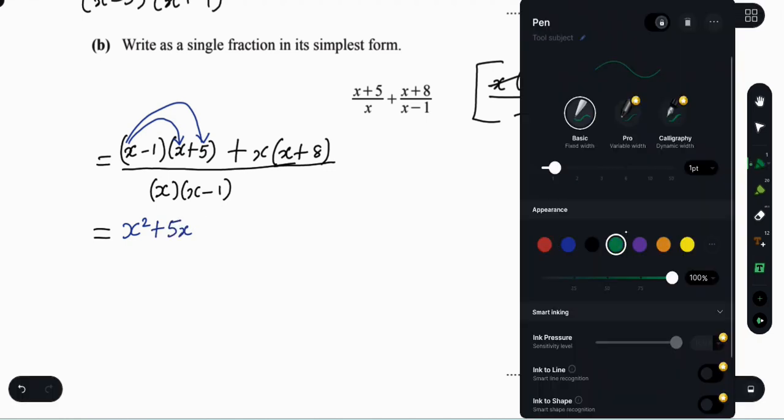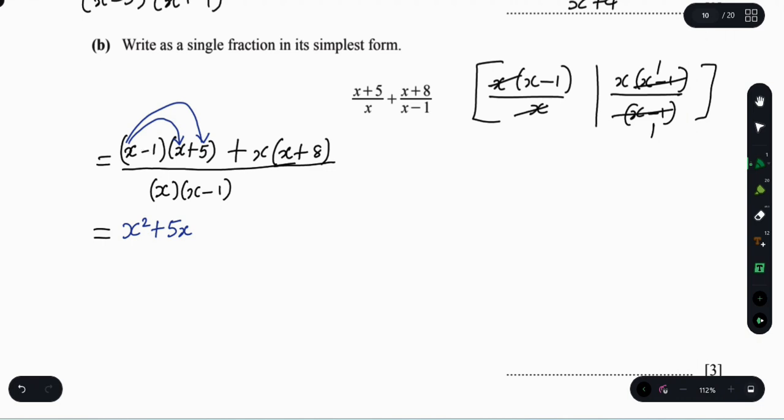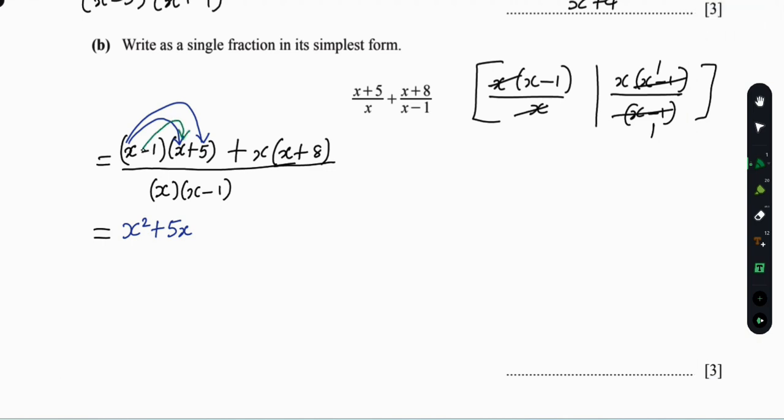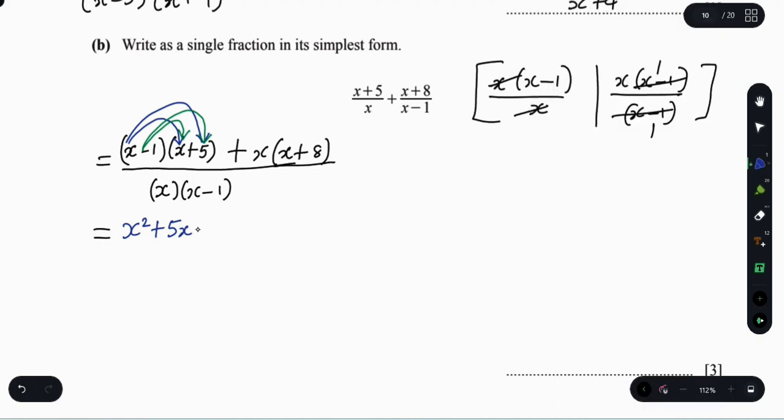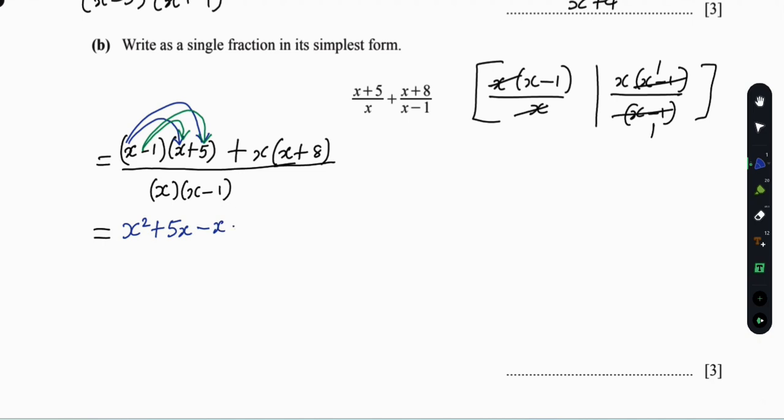At the same time, we also need to multiply minus 1 times x and minus 1 times 5. So we get minus x minus 5 plus x squared plus 8x.